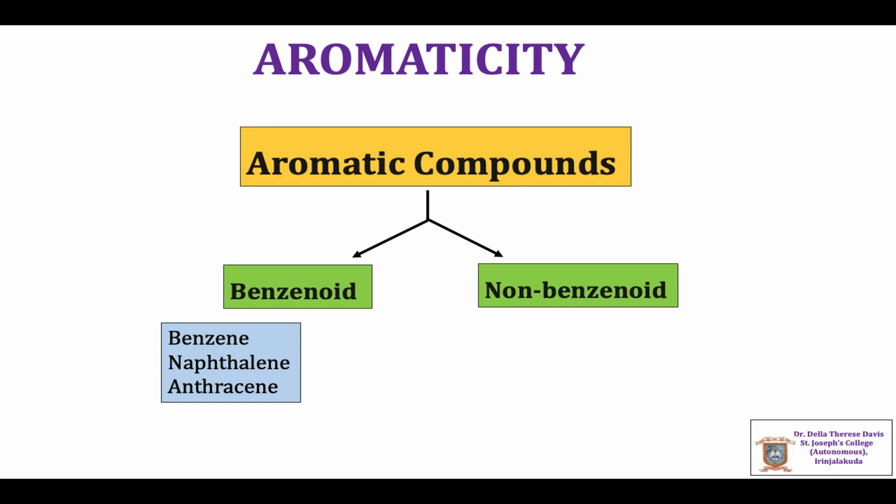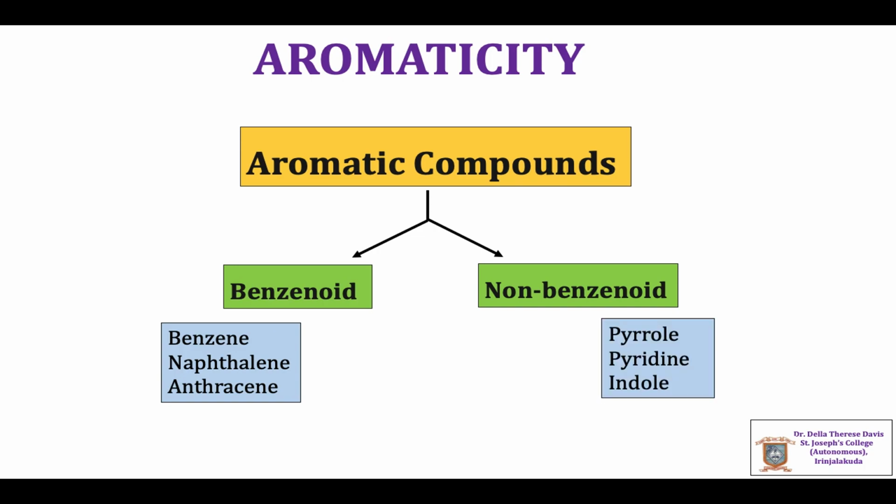Non-benzenoid aromatic compounds include compounds which do not have structural similarity with benzene but show aromaticity. Examples include several stable ions such as cyclopentadienyl anion, cycloheptatrienyl cation, etc., and several heterocyclic compounds.